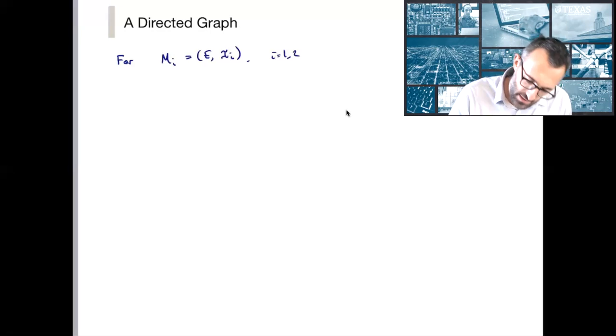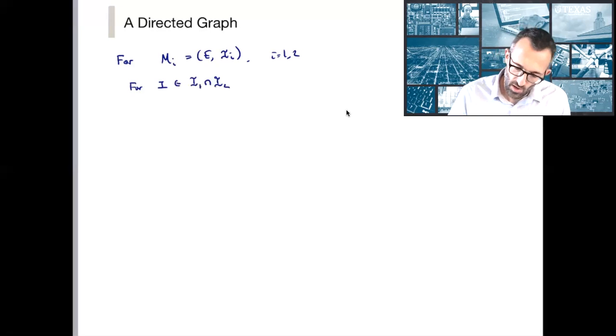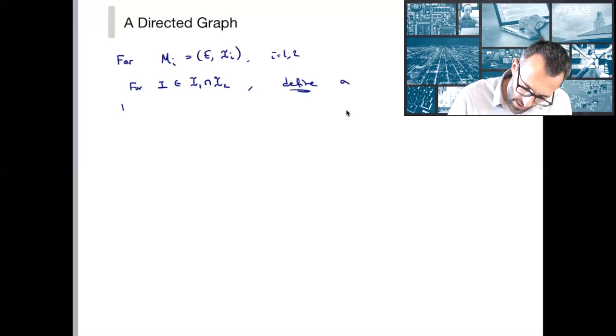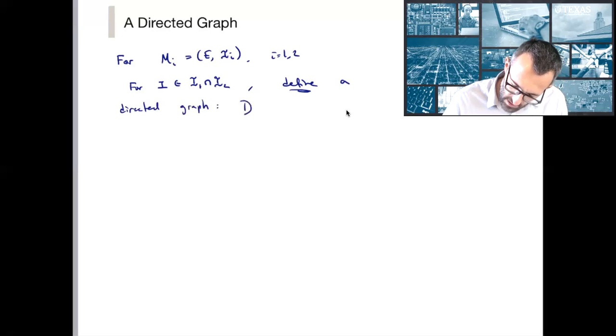So again, for M1 and M2 two matroids, and for some common independent set I, element of I1 intersection I2, define a directed graph, which I'm going to denote similarly to our notation from last time, but now keeping track of both matroids.